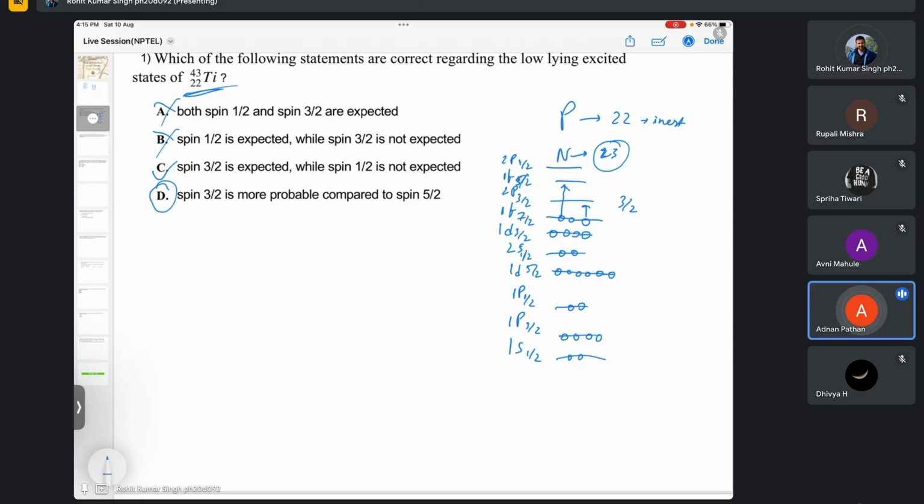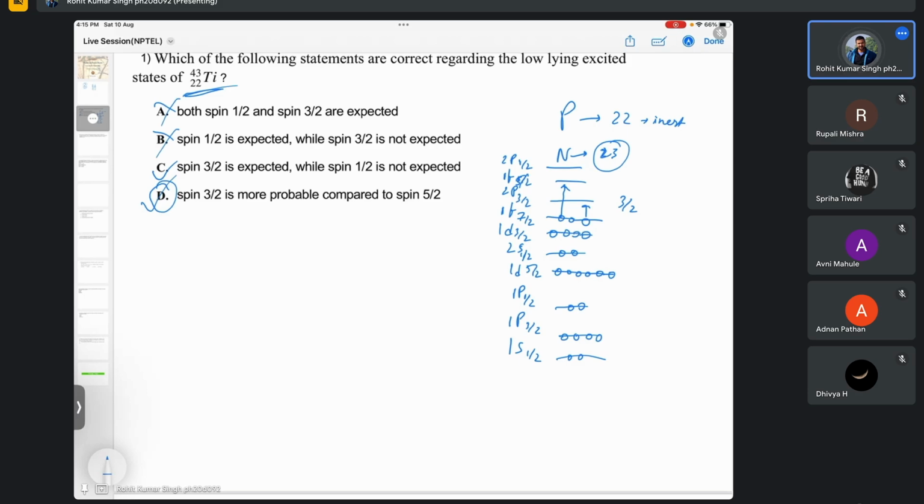Hello? Can you repeat? So the 3 by 2 seems more probable because it needs more energy for 5 by 2, right? Yes, right. So then D is also correct. So both options C and D are correct here, right?